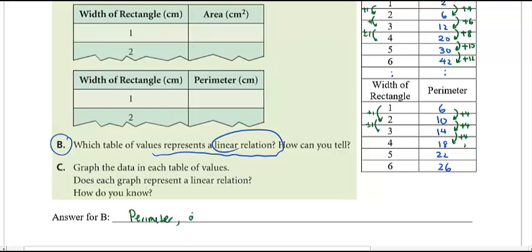I'll say the difference in the perimeter number was the same for each similar change in the width of the rectangle.